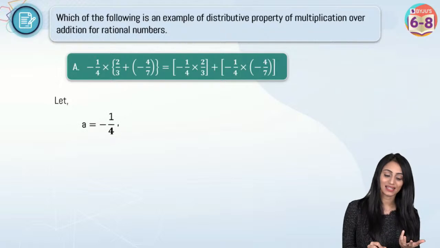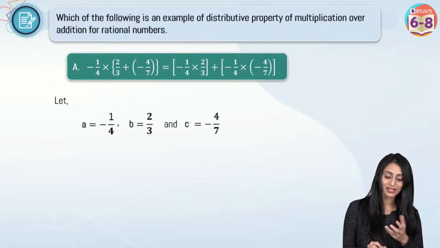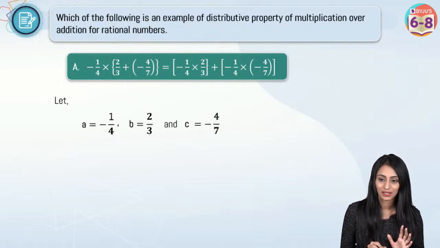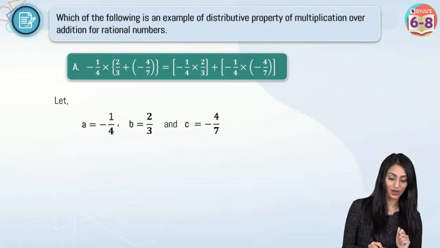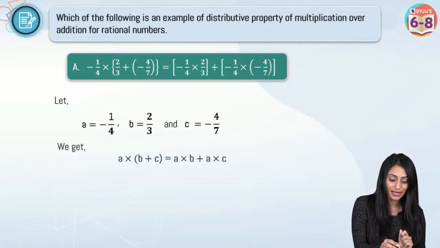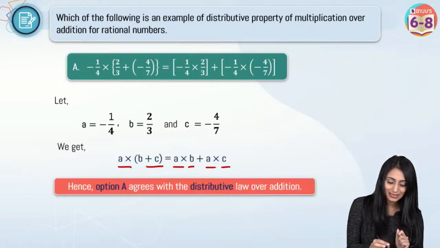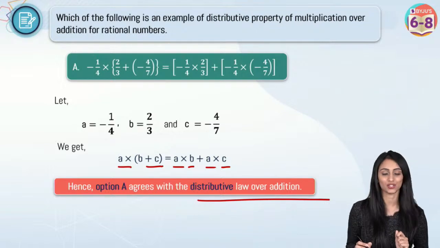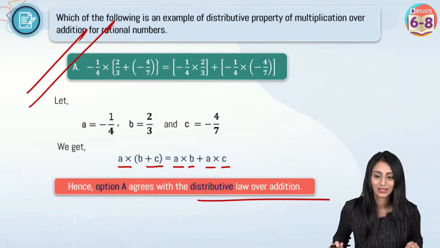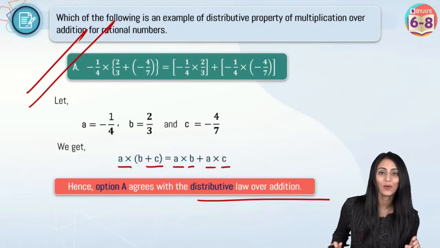So here, let's assume that A is minus 1 by 4, B is 2 by 3, and C is minus 4 by 7. Yes? All right. So I can say one thing, that A times (B plus C) is equal to A times B plus A times C. This is nothing but the distributive law over addition, right? This was representing this only. Yes? Easy one, right?